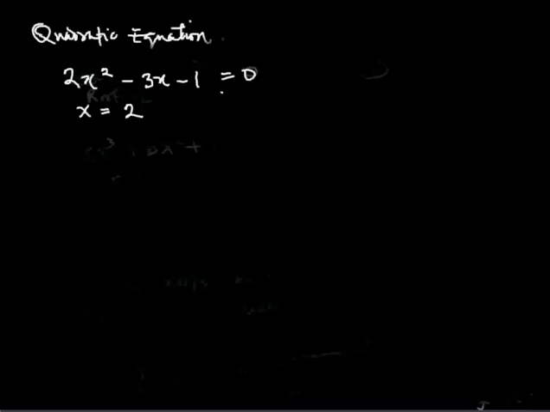And to do that, if you try to factorize this particular equation, it's not going to be an easy time. You can end up wasting our time on it. So the best formula to use is the completing the square formula.